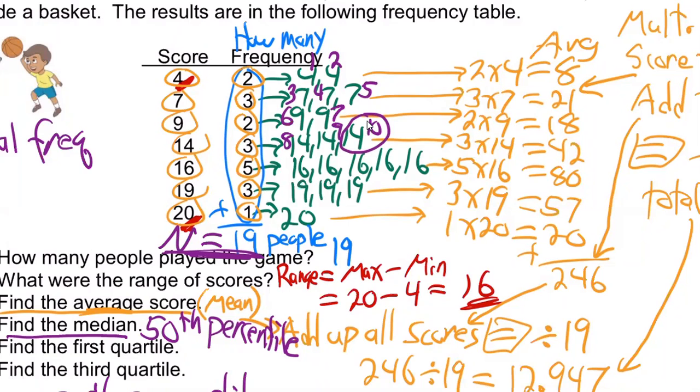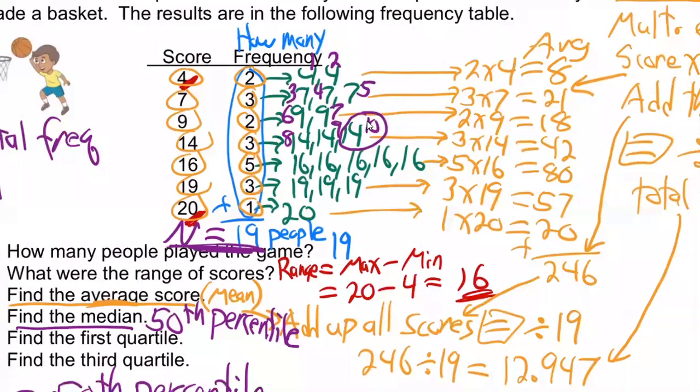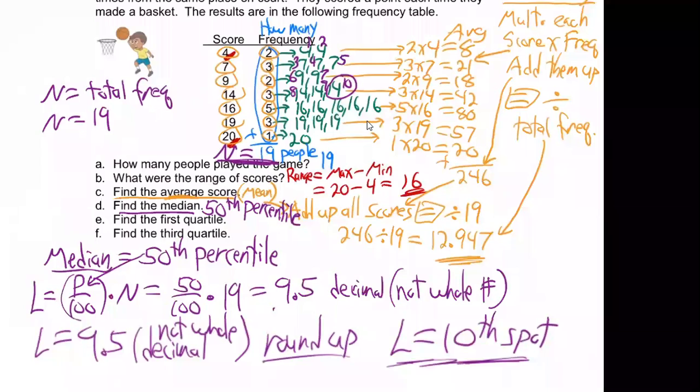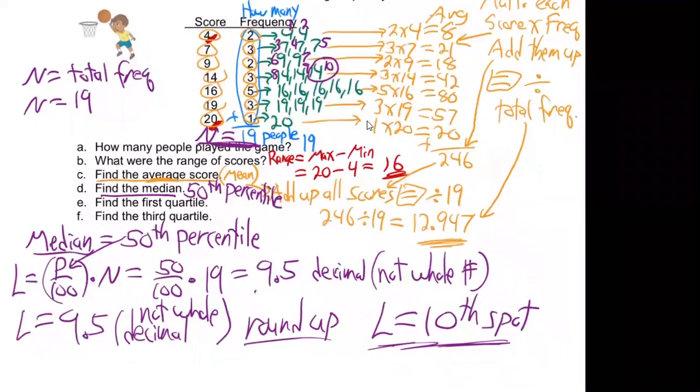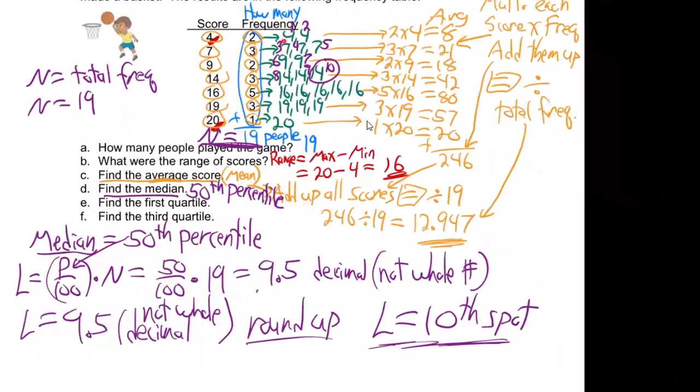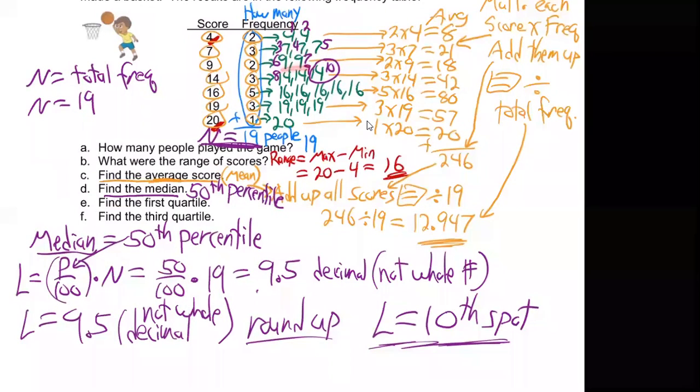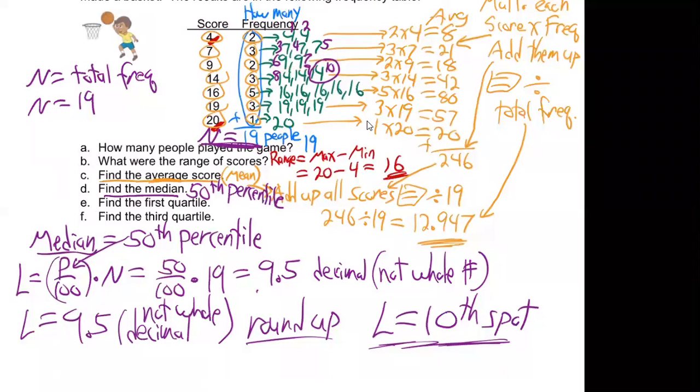Does everybody see how we did that? I found the number in the 10th spot by starting at the top. First, second, third, fourth, fifth, sixth, seventh, eighth, ninth, 10th. There it is. The 10th number is the last 14, isn't it?